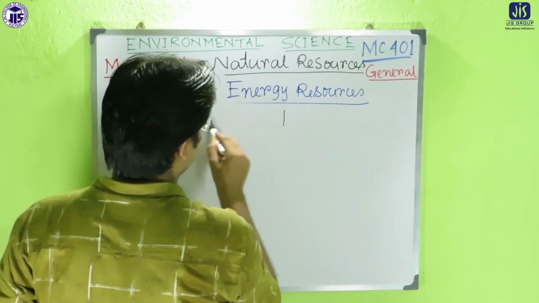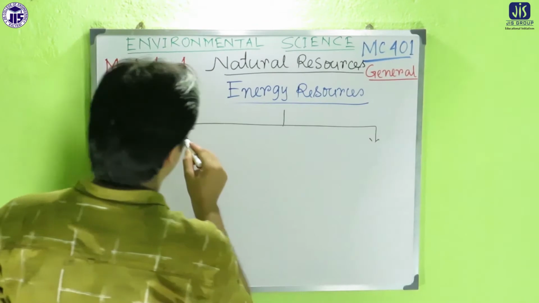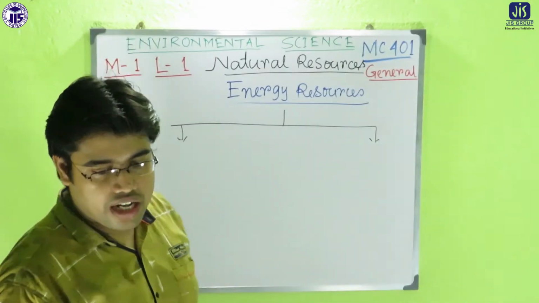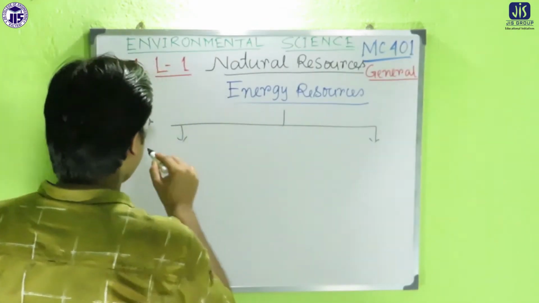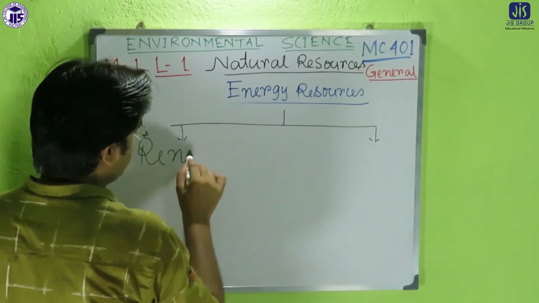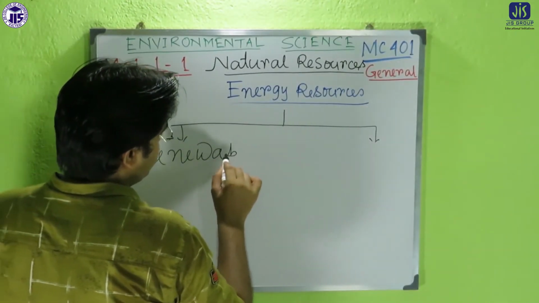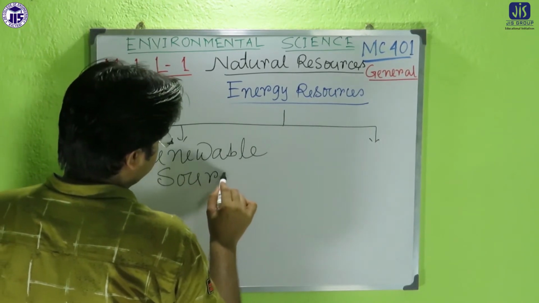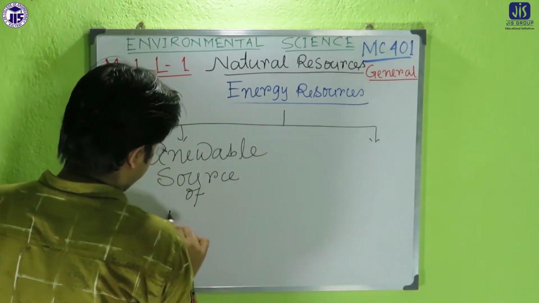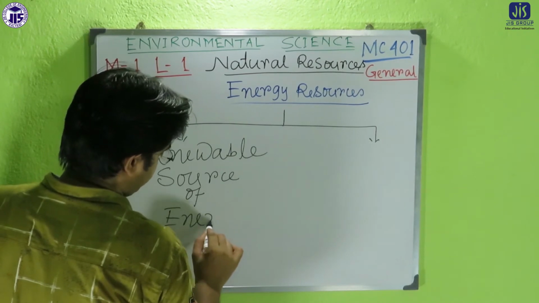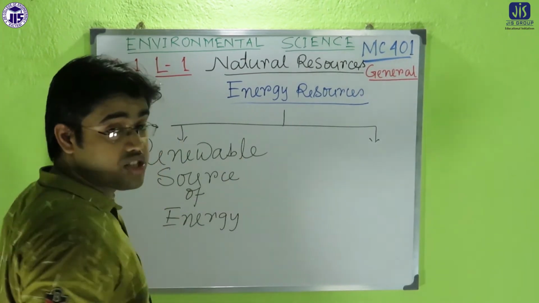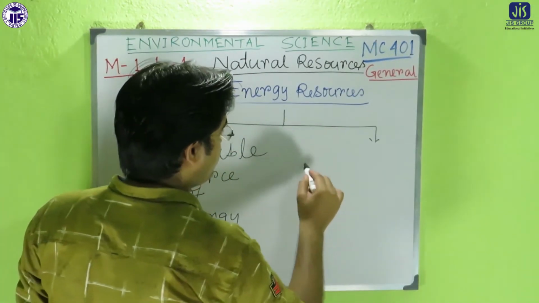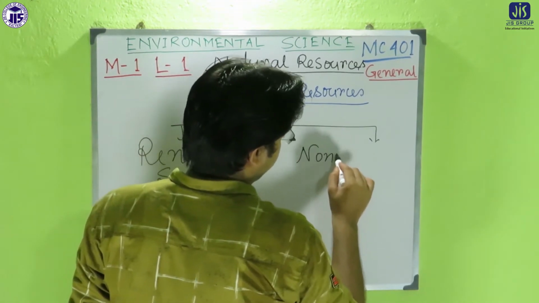Depending on these facts, energy resources can be classified in two ways. The first one is the renewable source of energy, and the second one is the non-renewable source of energy.